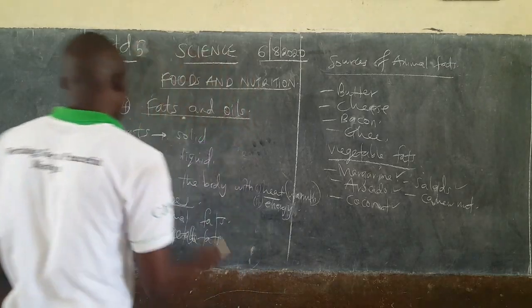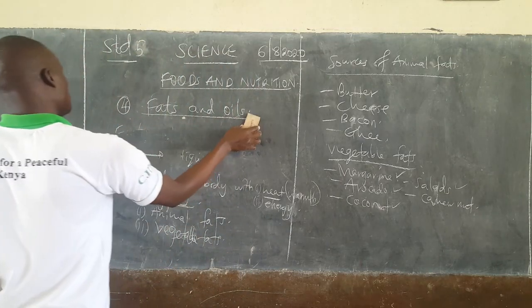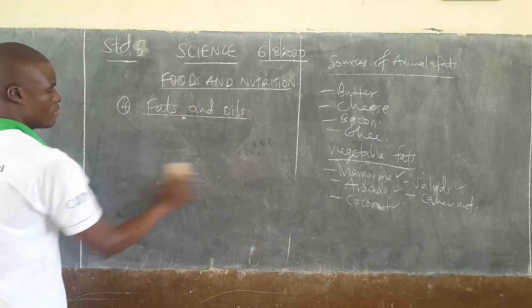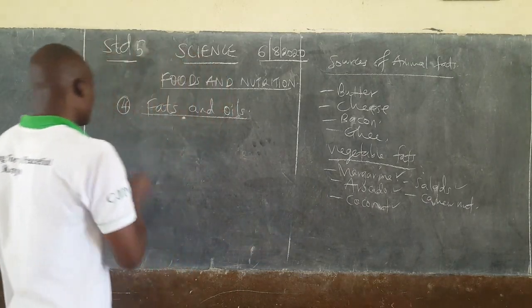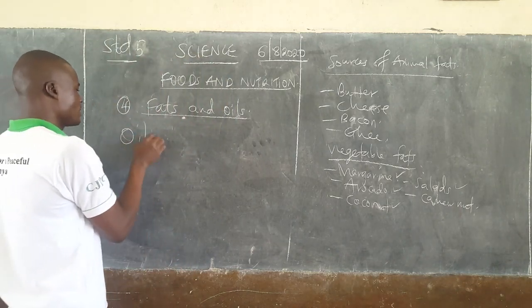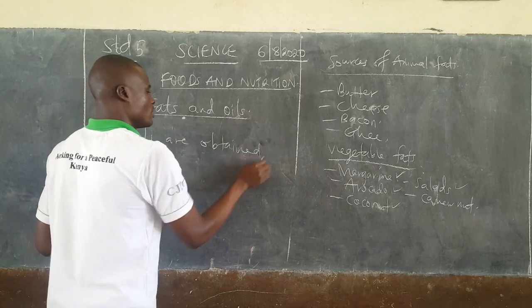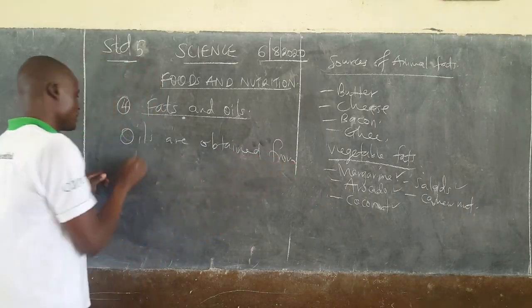Let's go to oils. And as we mentioned, oils are in liquid form. So just say oils are obtained from plants.